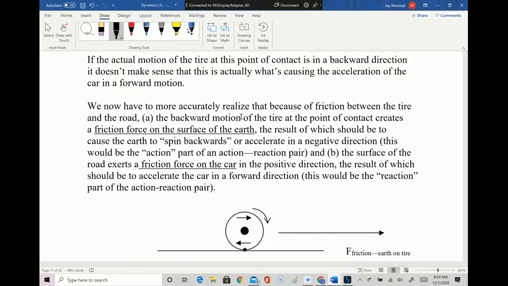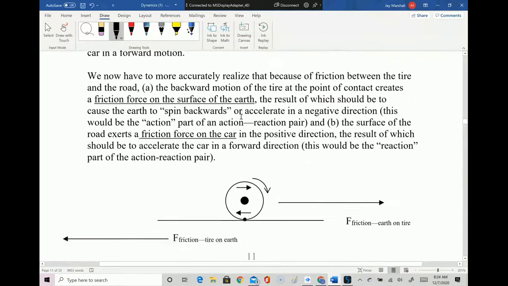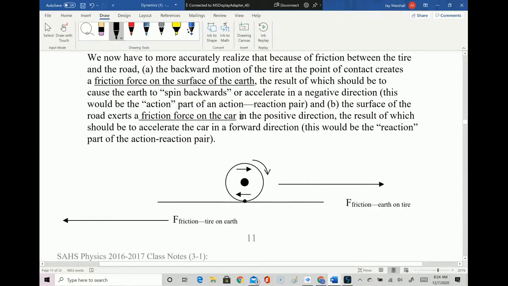Friction force is backwards. Okay, the force of friction of the tire on the earth. And this would cause the earth to spin backwards, wouldn't it? If I had a car here and it was big enough, might we actually be able to cause the earth to rotate in the opposite direction? We'll talk a little more about that in a minute, because that doesn't make sense, does it?